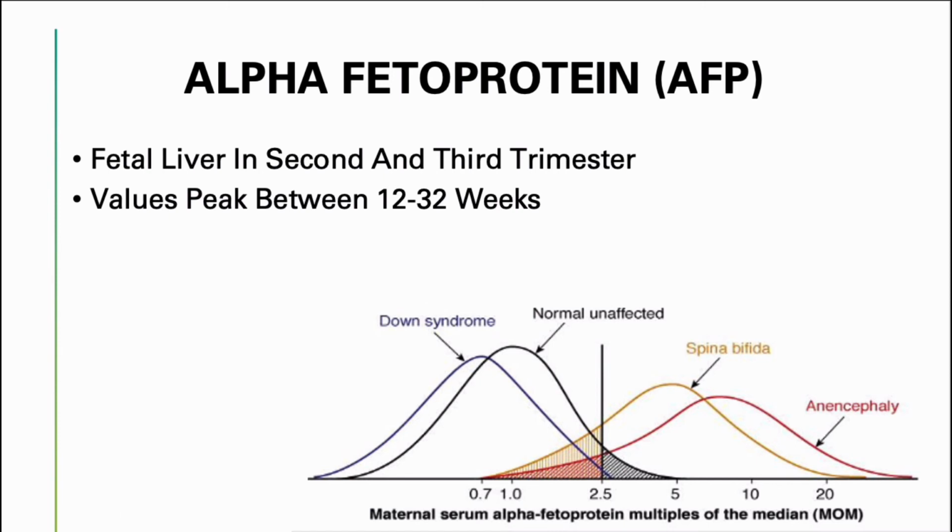So maternal serum alpha fetoprotein, again, this ends up coming into the mother's blood. So the AFP levels start to increase from the 12th through the 32nd week of pregnancy. The test is most sensitive between 16 to 18 weeks.